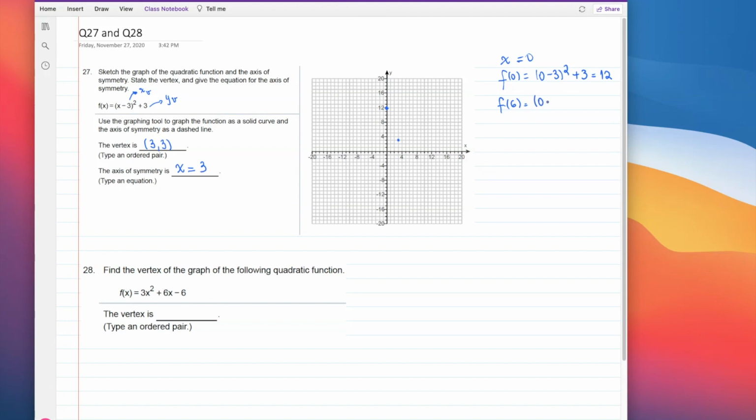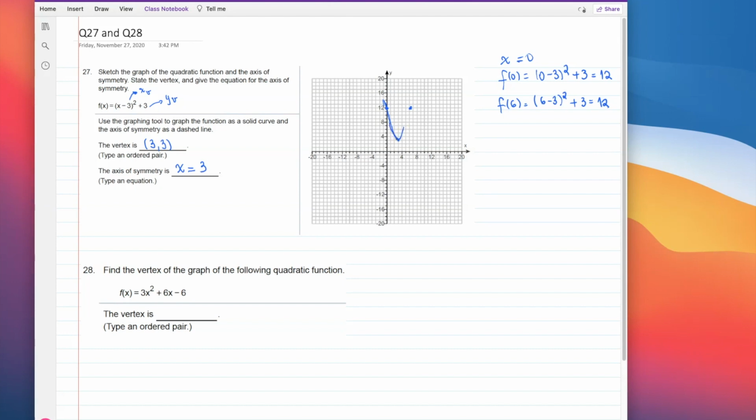So it will be 6 minus 3 squared plus 3. And this is also 12. So when x is 6, f is 12.